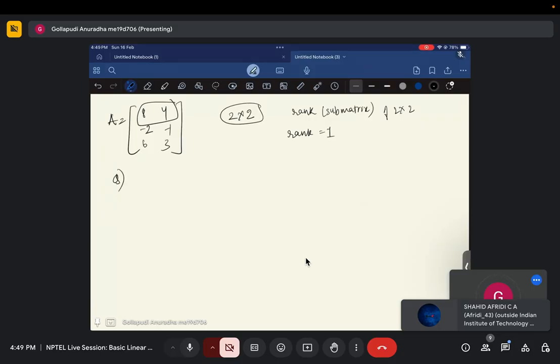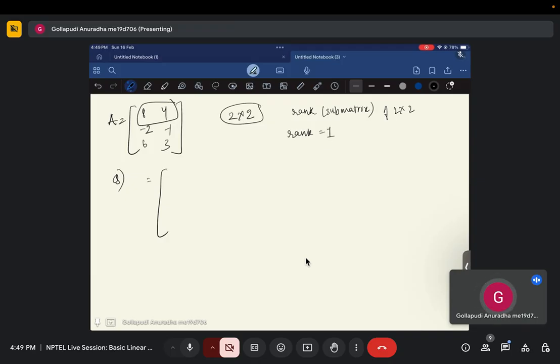Is it clear? Of course, if you find the pivots, you will have only one pivot here, so the rank will be 1. These are different ways of finding the same thing. You can find the rank by converting to reduced row echelon form, or by looking at submatrices and calculating determinants.